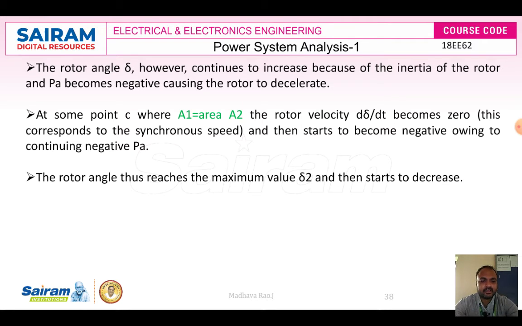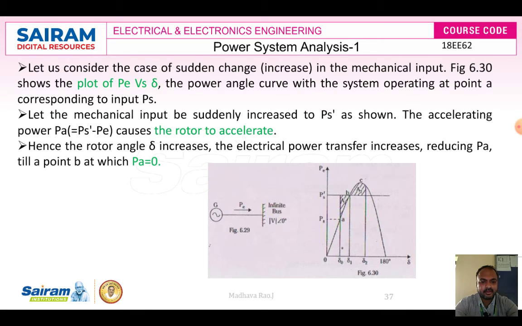At delta 2 the power reaches its maximum value and then decreases again to 0, so PA is equal to 0.